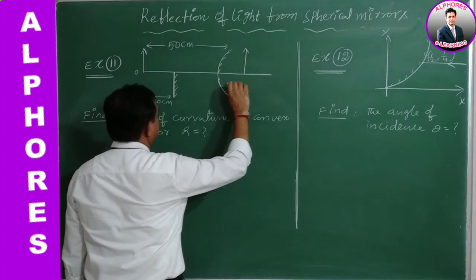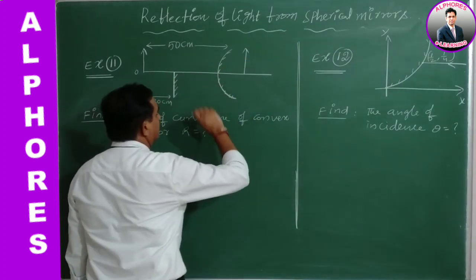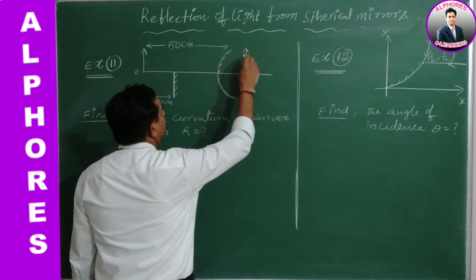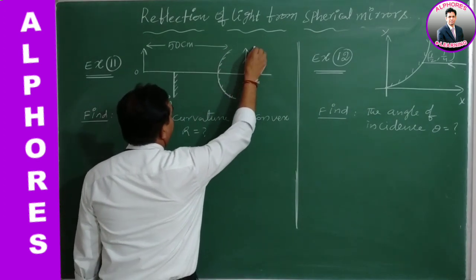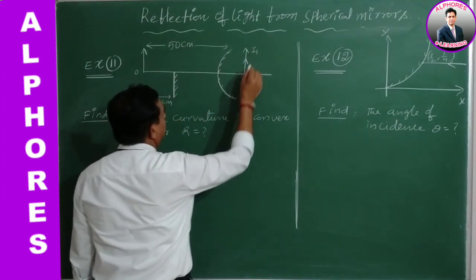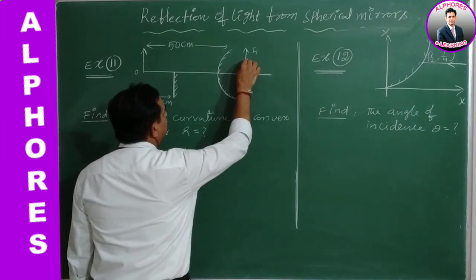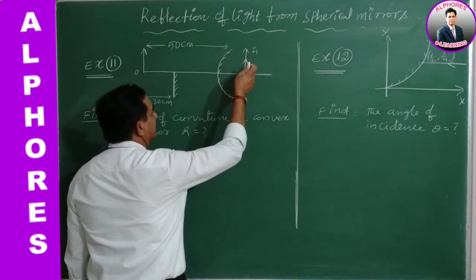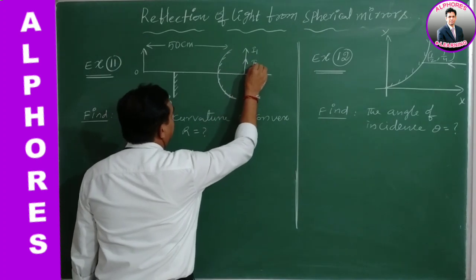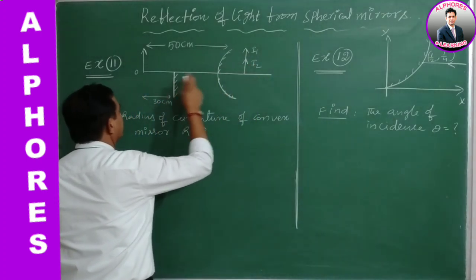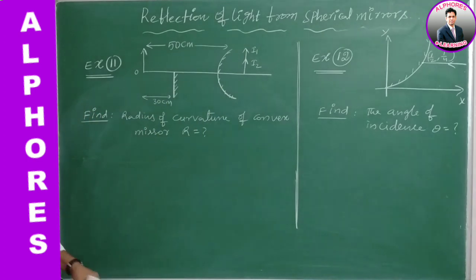This is the image formed by the plane mirror, and one more image formed which overlaps the first image, that is I2. This is formed due to the convex mirror. The plane mirror and convex mirror both give images, and these images coincide with each other.